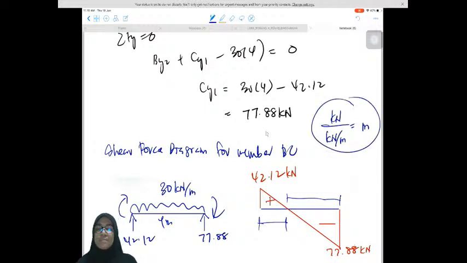So 42.12 divided by 30 gives a length of 1.404 meter. The remaining is 4 minus 1.404, which is 2.596 meter. We can also get 2.596 by using 77.88 divided by 30, the same result.